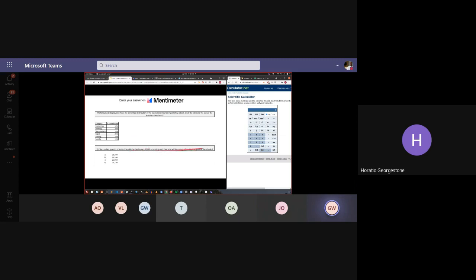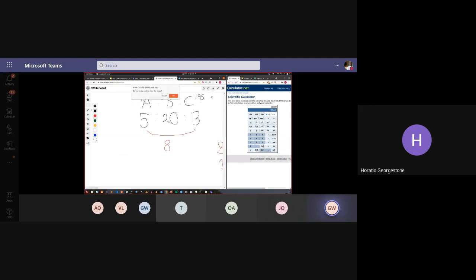So the printing was 30,600. So what we want to do is divide that by 20 and then times it by 15. So we just think of it as a ratio. So 20 to 15, and so we have that amount, 30,600.